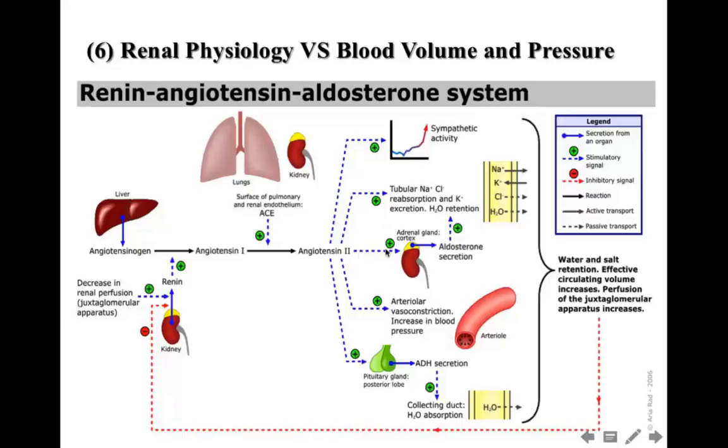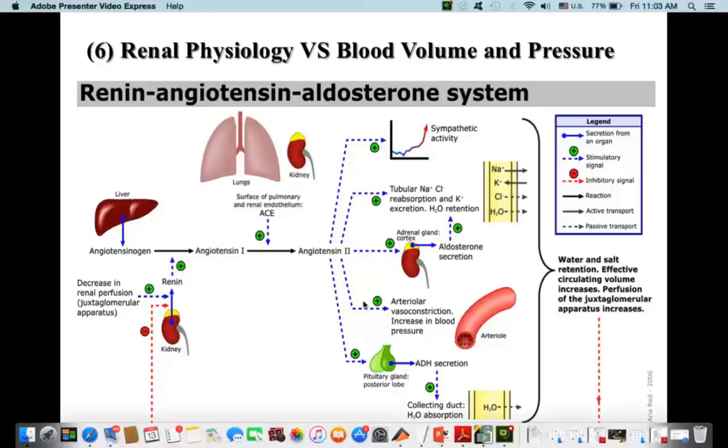First, vasoconstriction of the entire blood vessels, as we've just mentioned. Second, it will act on the adrenal gland, asking it to release the aldosterone hormone, which will act on the principal cells in the late distal convoluted tubules and cortical collecting duct to increase the number of sodium-potassium ATPase pumps located in the basolateral border of renal tubular cells, and thus increase sodium reabsorption.